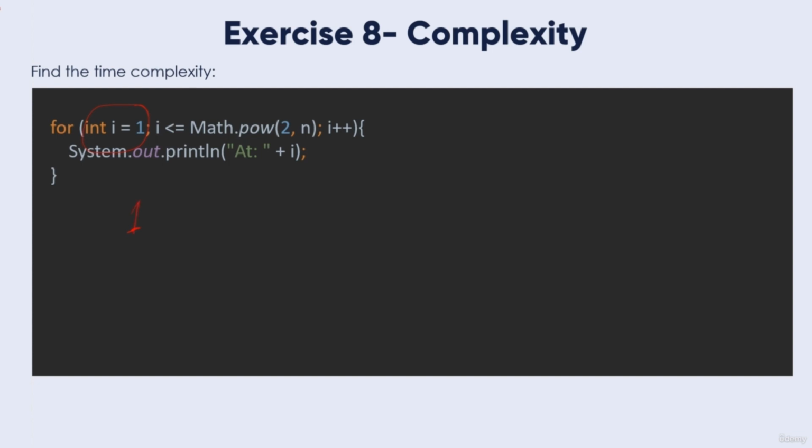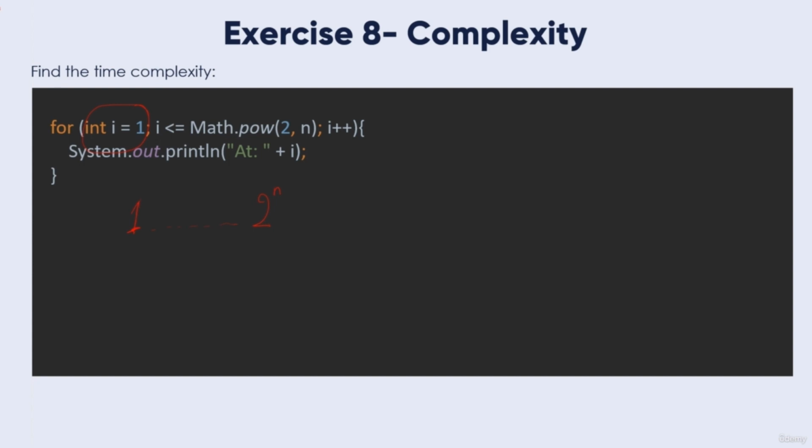We will stop at i less than or equal to math.pow of 2 and n. From this math library, we used the power method, and we passed 2 and power n. This will result in 2 to the power n.